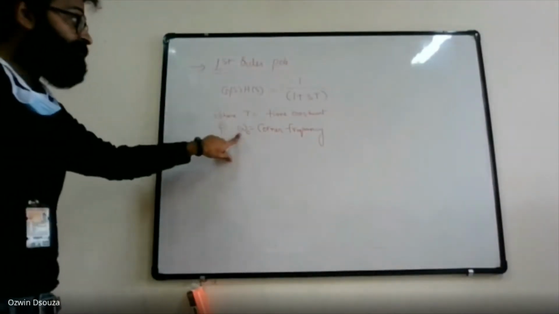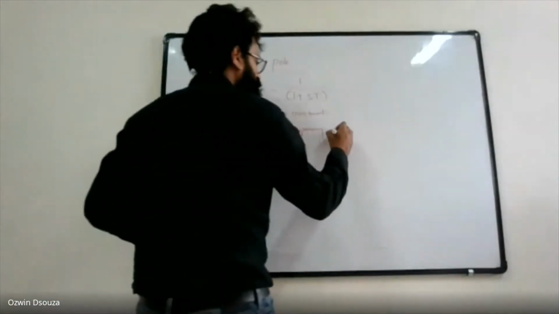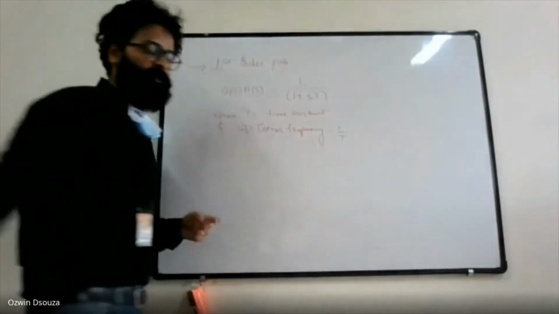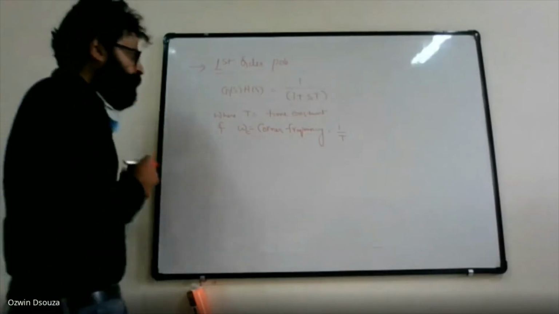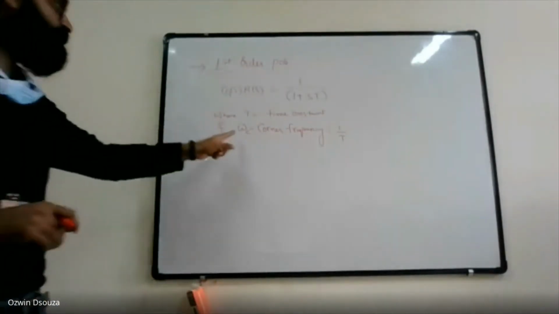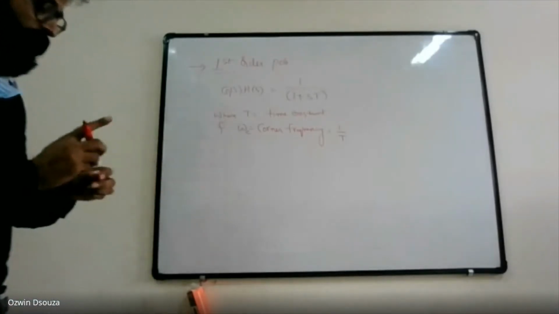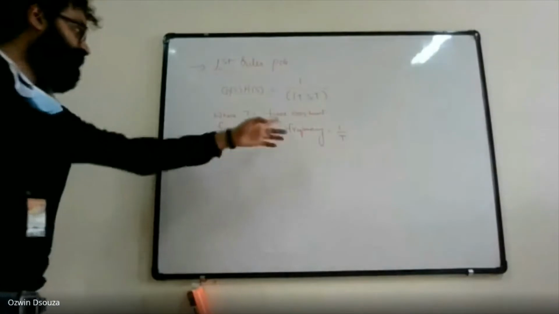So this is the corner frequency of this particular factor. Corner frequency is nothing but the reciprocal of the time constant. You need this corner frequency in order to show the slope, and it can be calculated simply by taking the reciprocal of the time constant.